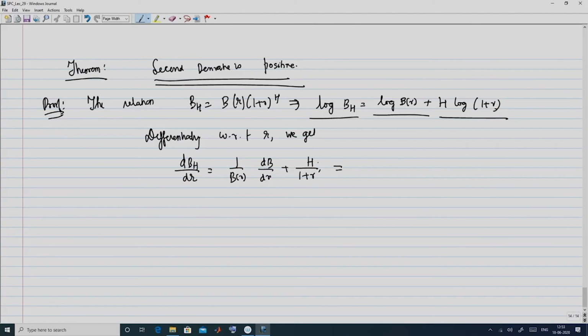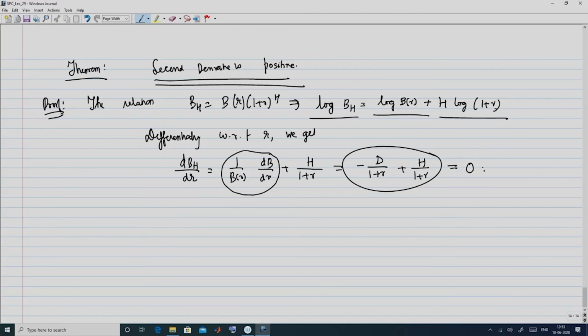Now, what is this? dB/dr over B(r) can be written as minus D over (1 plus r) plus h over (1 plus r). And since from the previous theorem D is equal to h, this becomes equal to 0.